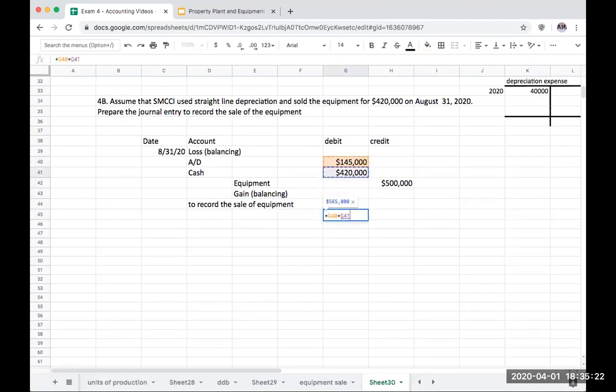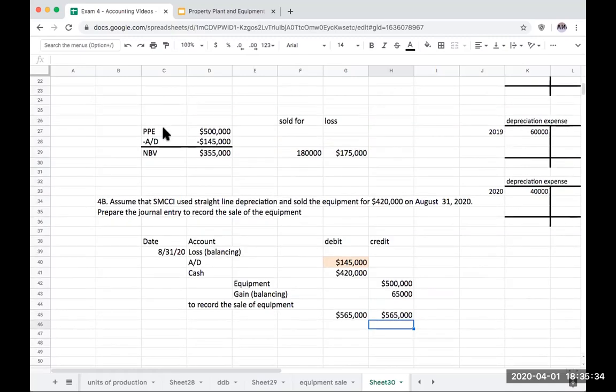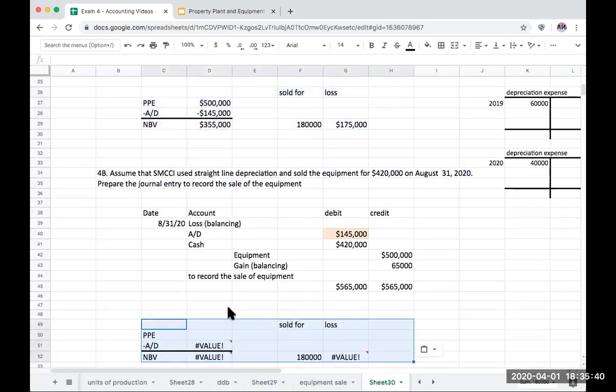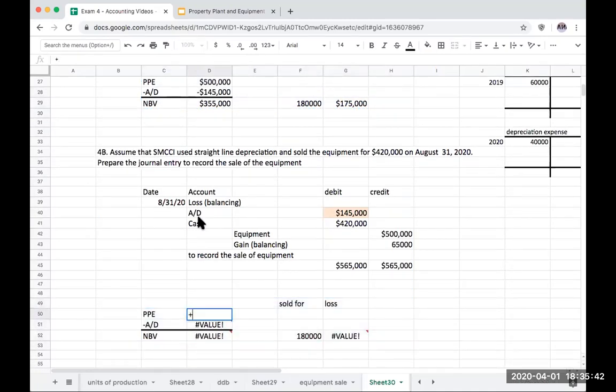So here, my total debits are 565. My total credits are 500. To balance this journal entry, I need a credit for 65,000. So that gives me my total debits are equal to my total credits. When it comes down here, does the gain make sense? Well, my property, plant, and equipment is still 500,000.